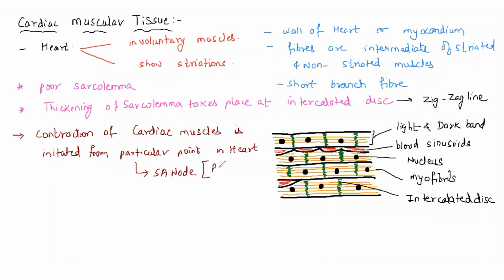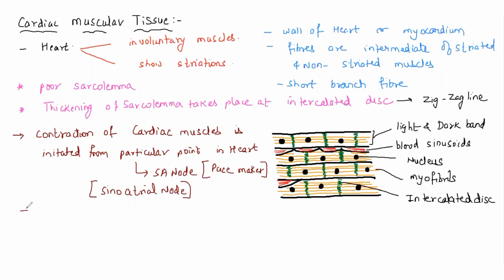This SA node is also called a pacemaker. What is the full form of SA node? It is the sinoatrial node, and this sinoatrial node is responsible for heart beating.